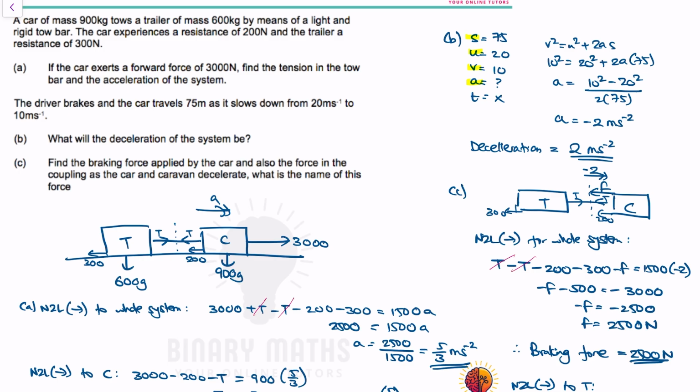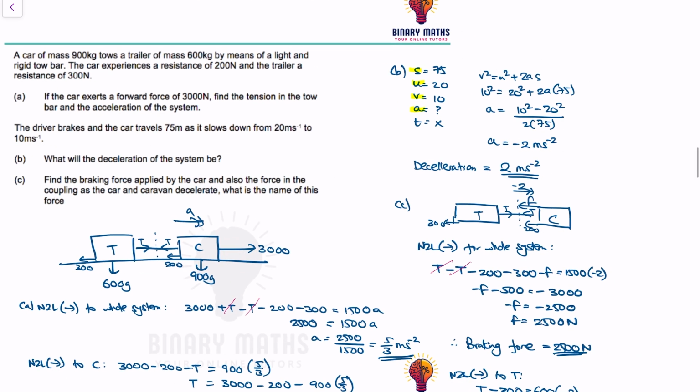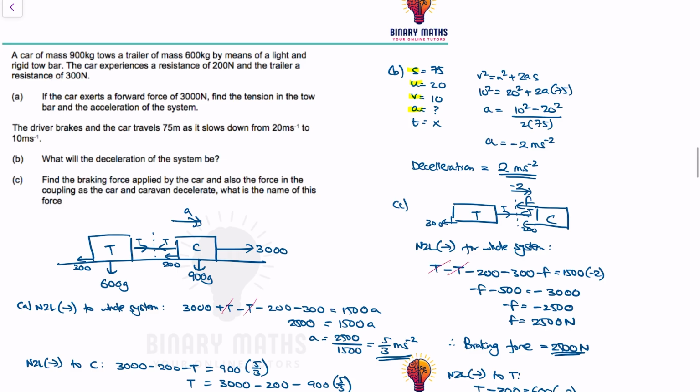Forces acting forward, T, minus forces acting backwards, 300, must be equal to mass, 600, times acceleration, which is -2. So T must be equal to 600 times -2 plus 300, which means T is equal to minus 900.